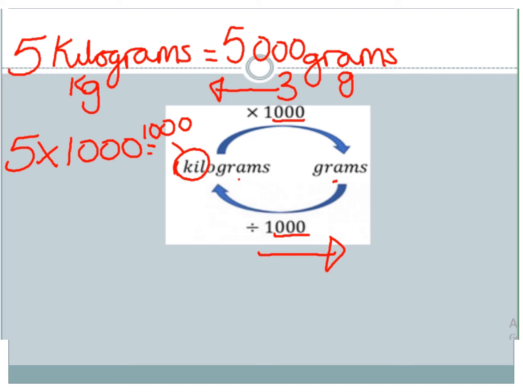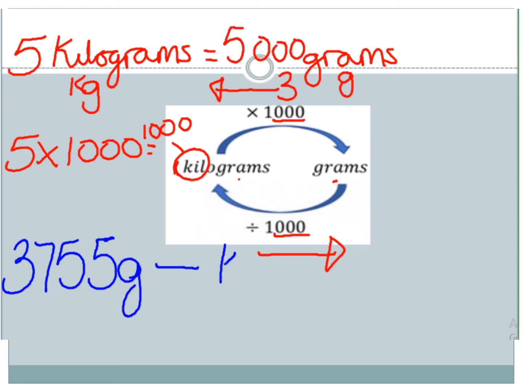What if we had grams? So we were given the total of grams. So we were given, say, 3,755 grams. How many kilograms? So we would digit shift everything 3 spaces to the right.